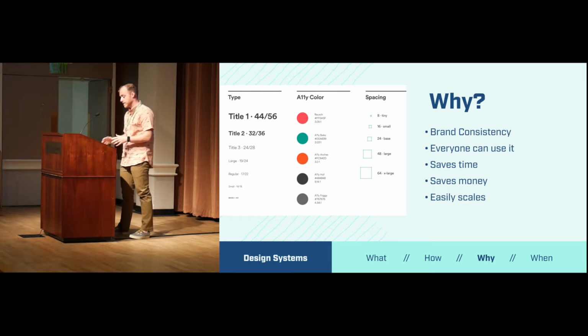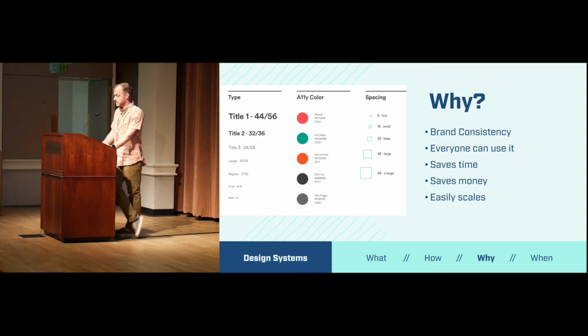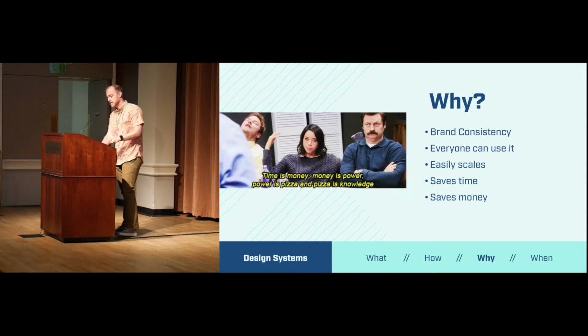Because in our space specifically, we all know that it's rare that we have an excess of either, let alone both. So thankfully, design systems kind of save us both of those. And as our good friend April Ludgate likes to remind us, time is money, money is power, power is pizza, and pizza is knowledge. Which you can also take to your stakeholders, that little nugget.